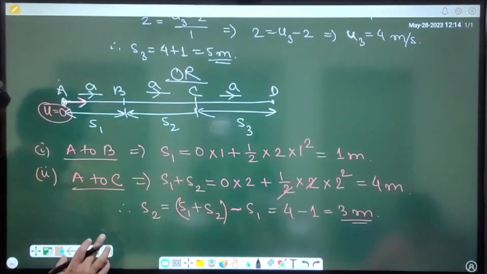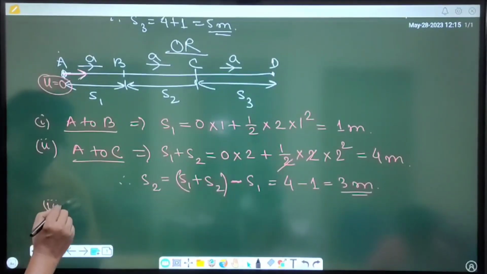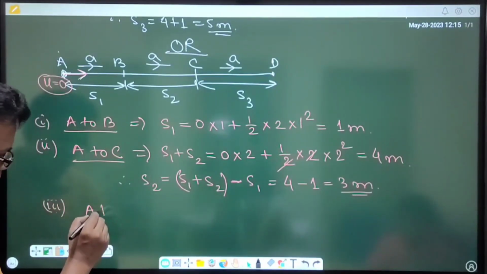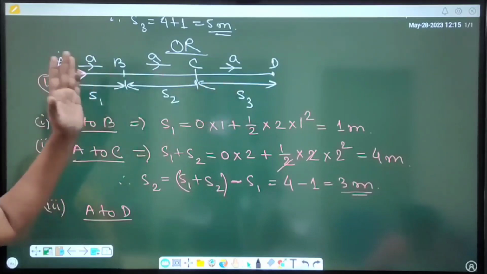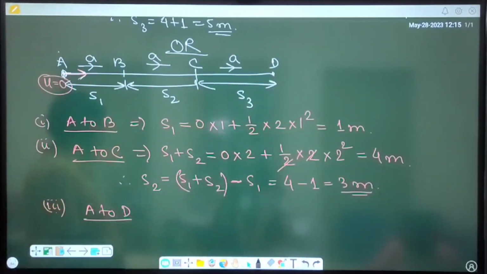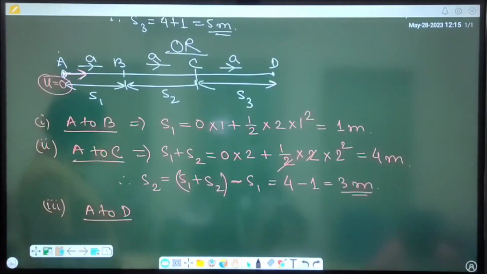Similarly, in the third part, if I calculate the displacement of the journey from A to D directly, A to D means it is S1 plus S2 plus S3, such that again the velocity at A is used as the starting velocity of the total journey.